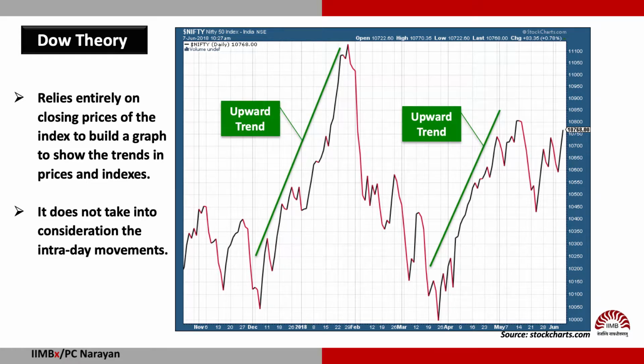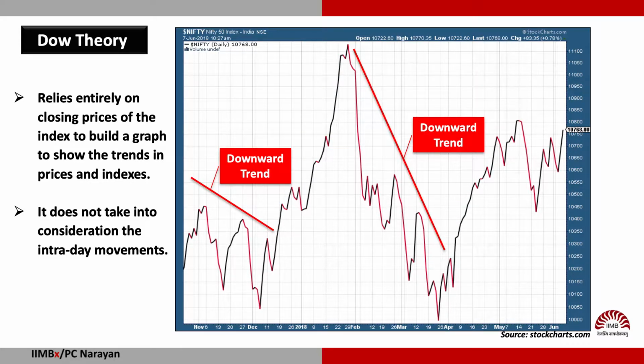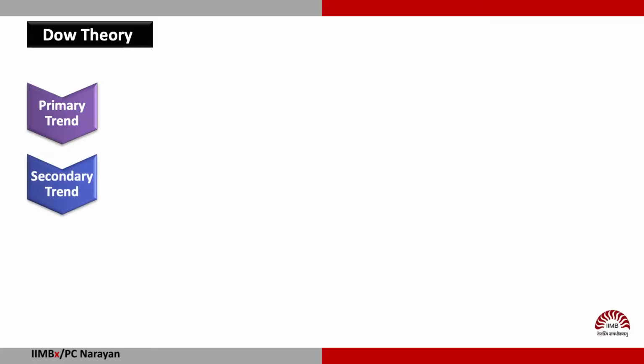An upward trend is a series of successive higher peaks and higher troughs, and a downward trend is a series of lower peaks and lower troughs. Dow theory revolves around trend analysis and works on the basis that such trends in the index can be broken up into three distinct parts: primary, secondary, and minor.